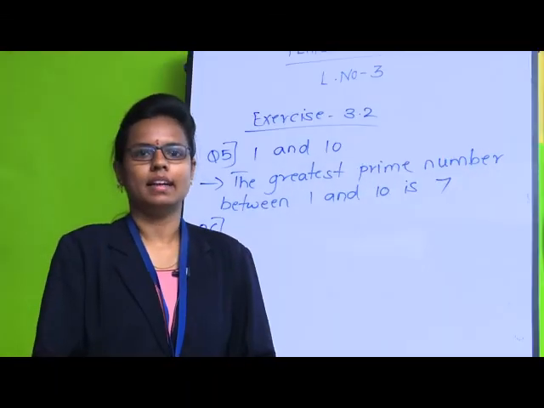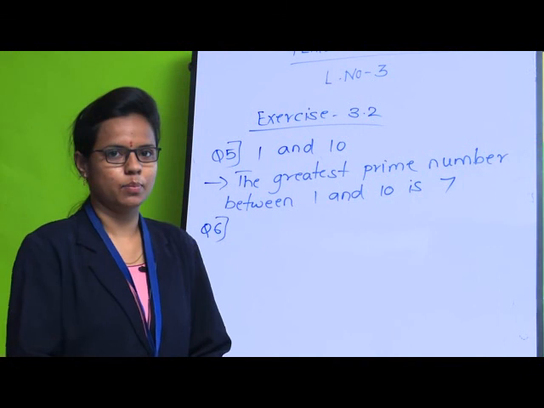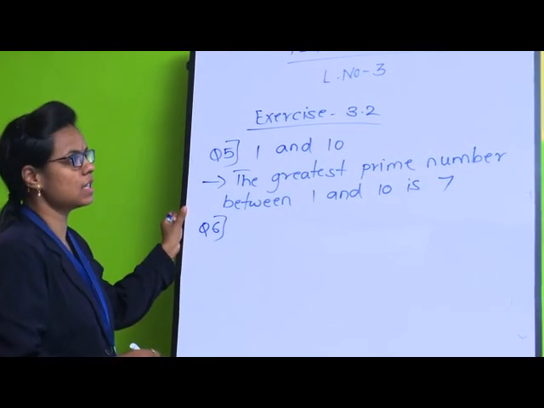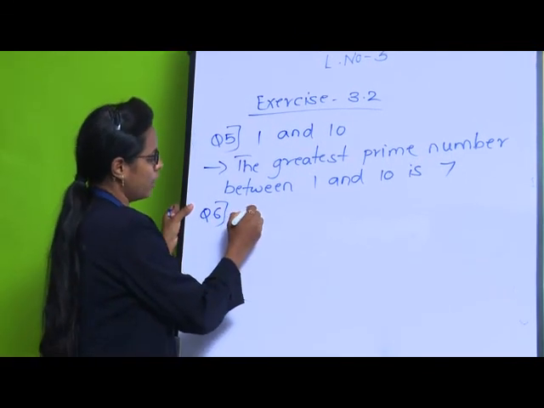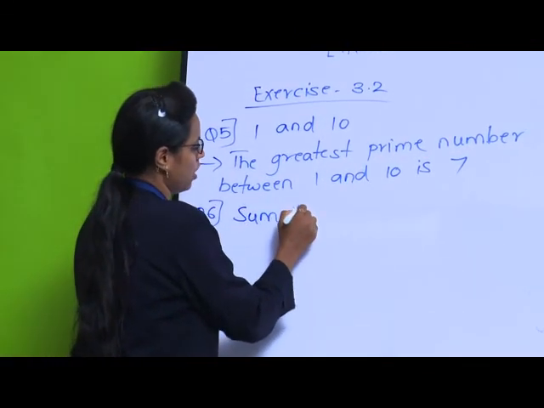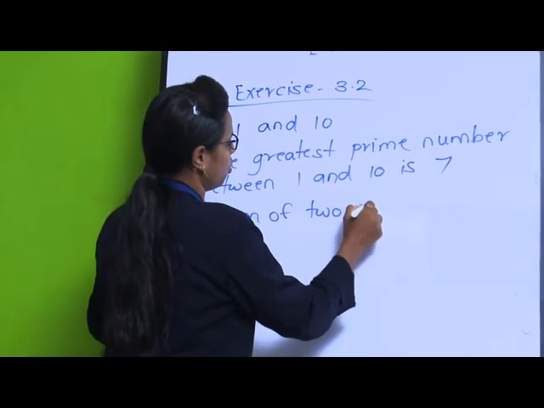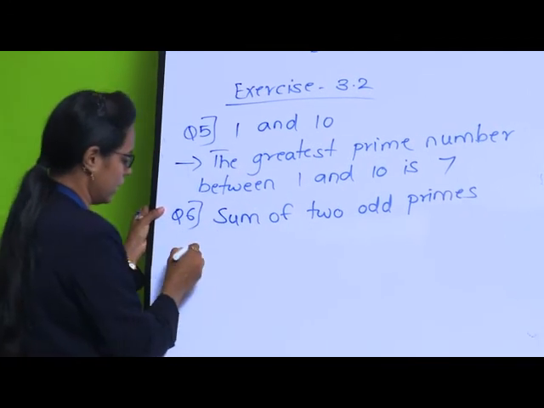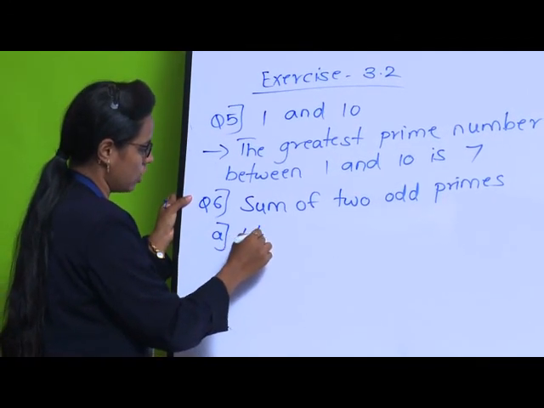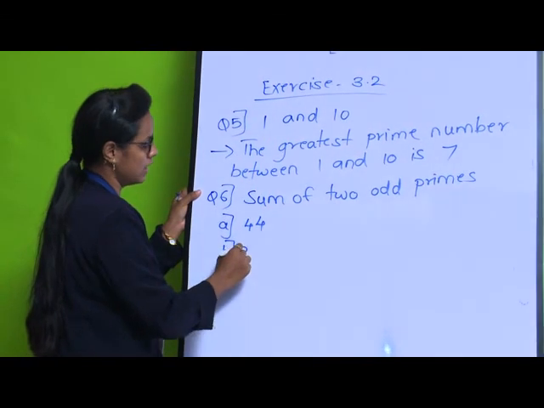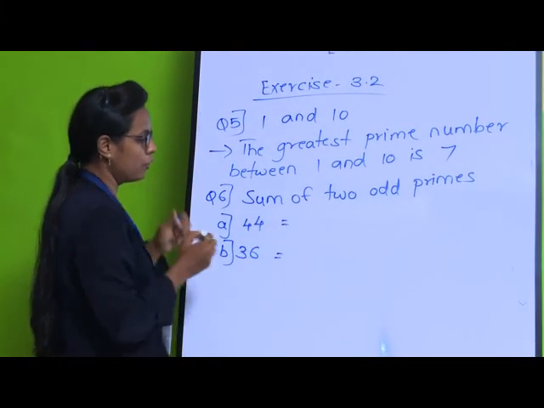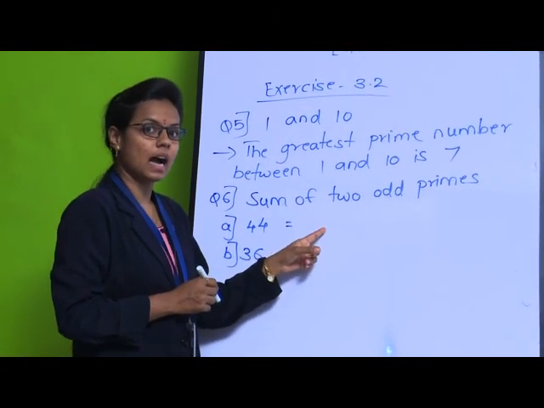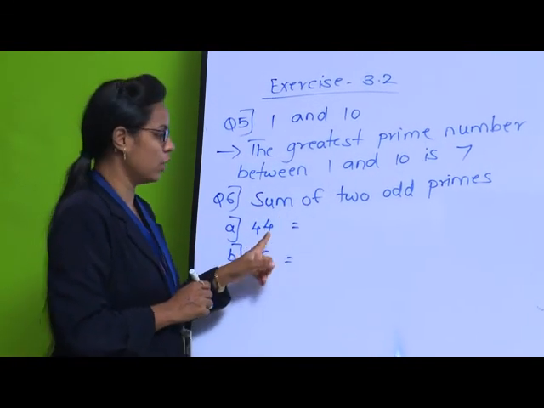Okay. Let us solve the next example from exercise 3.2 now. The question is, express the following as the sum of 2 odd primes. The numbers are given: first is 44, then 36. Now we have to find any 2 odd primes whose sum is equal to 44.